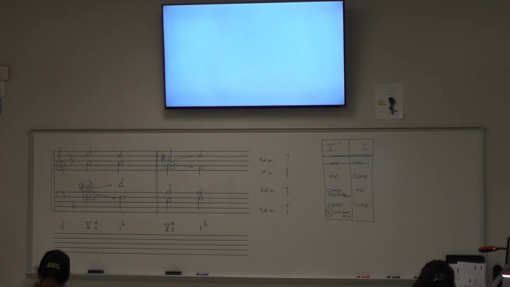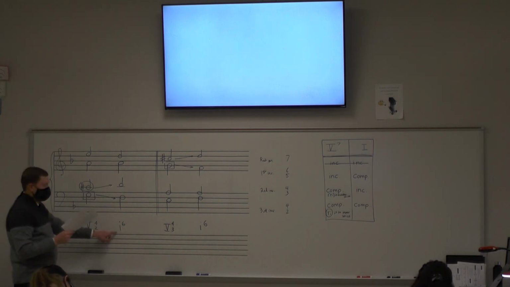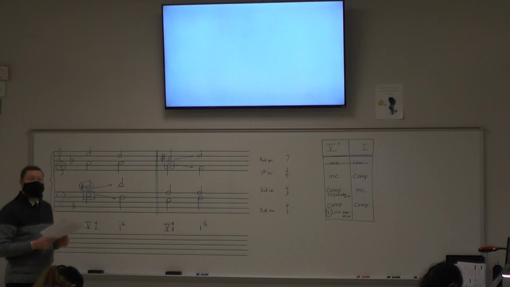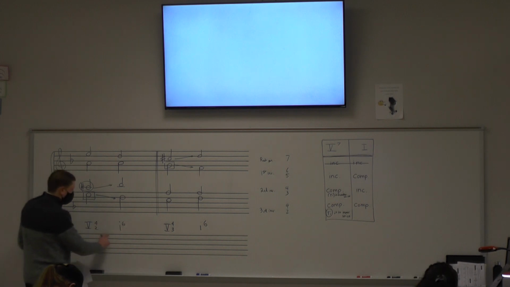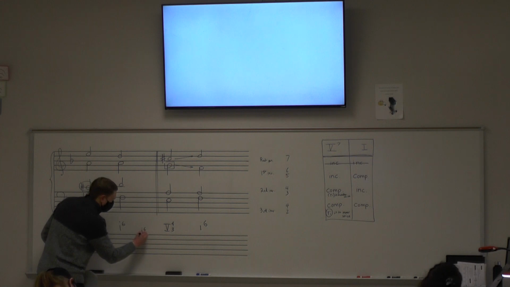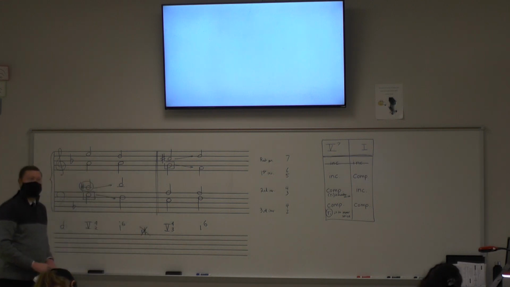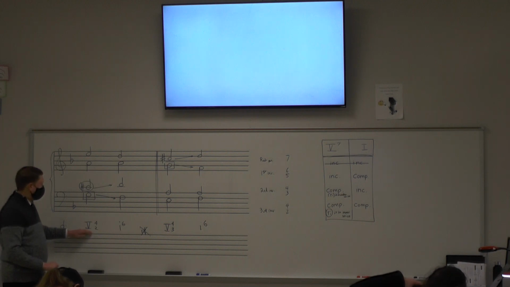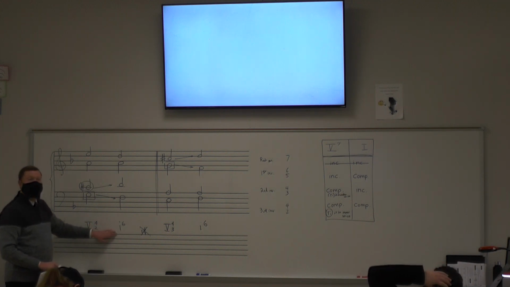The tonic chord, when we take an inversion of a 5-7 to the tonic chord, is either going to be in root position or first inversion only. The tonic chord, when we resolve a 5-7 in any inversion, will never be in second inversion. Never. You can only resolve or part write a 5-7 chord to a 1 or a 1-6.